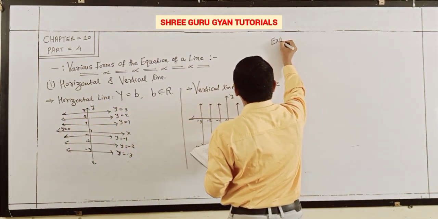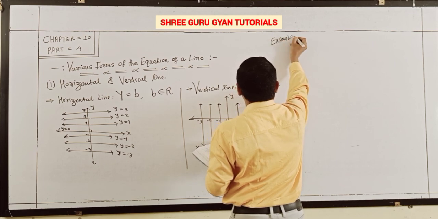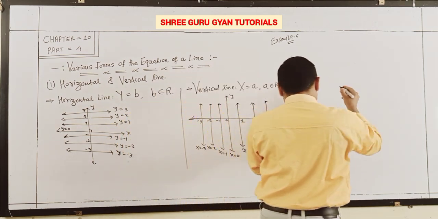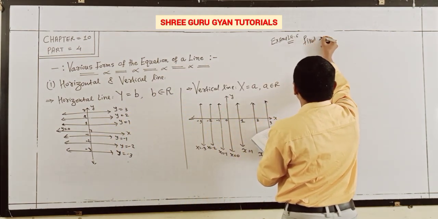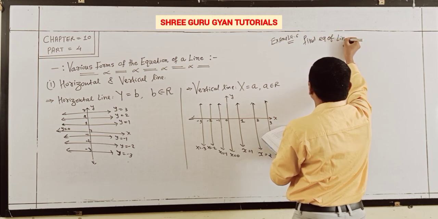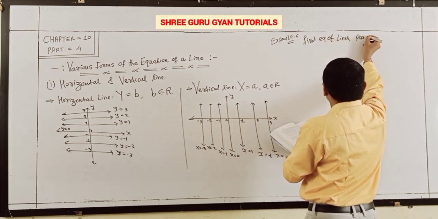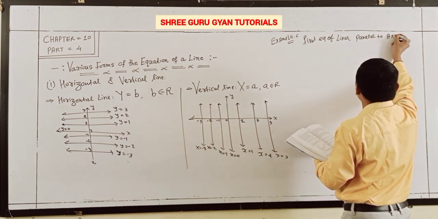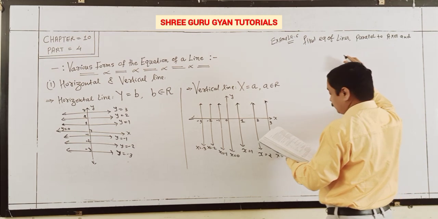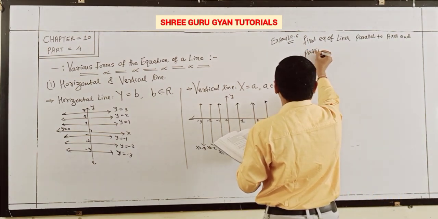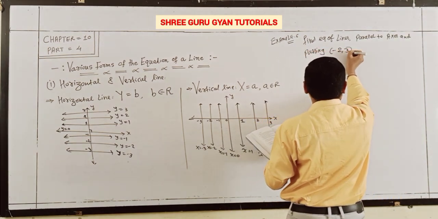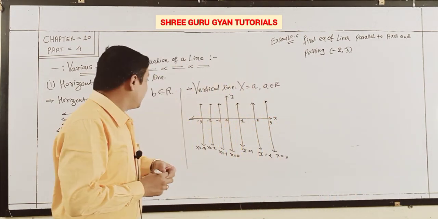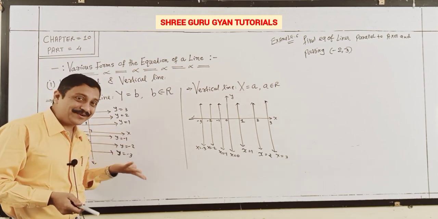The question is: find the equation of all lines which are parallel to both axes and passing through the point minus 2, 3. Students, parallel to an axis means they may be vertical or they may be horizontal.